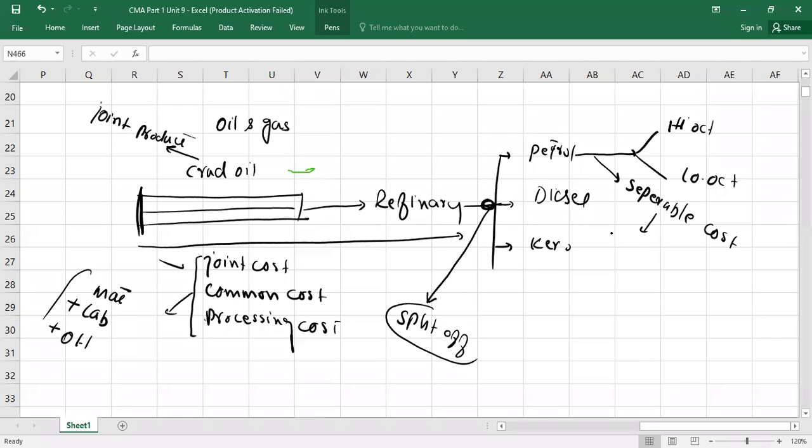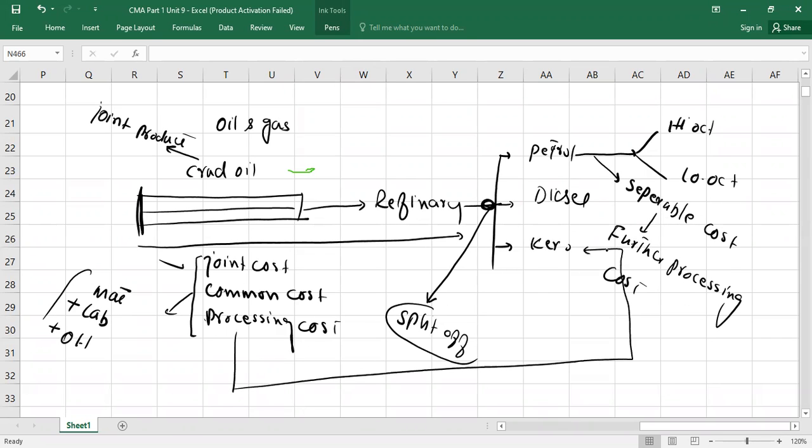Separable cost is also called further processing cost. Now, what is this topic? You also need to memorize the wording of the topic in order to solve the question. Actually, what this topic is, we are going to allocate this processing cost to these products.